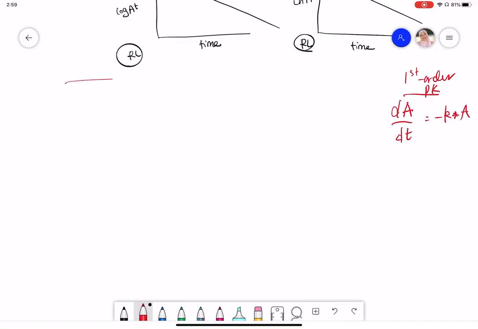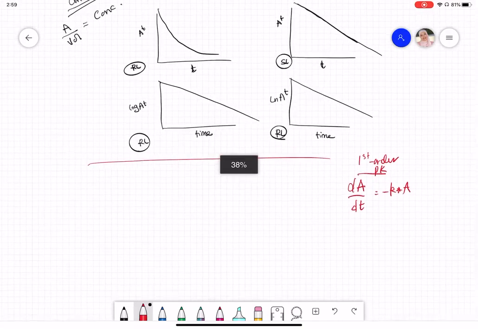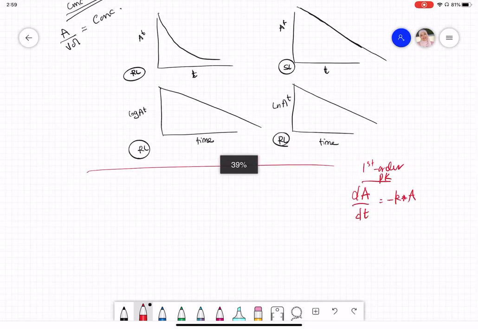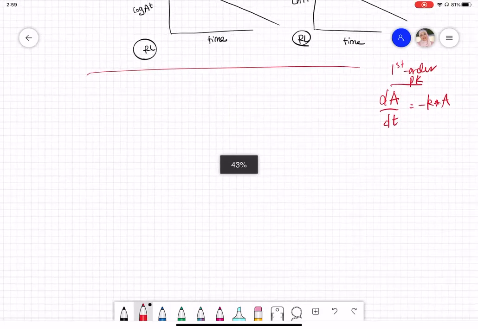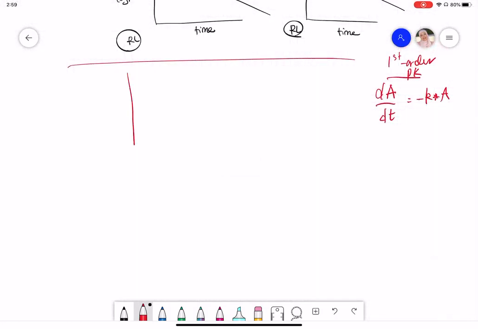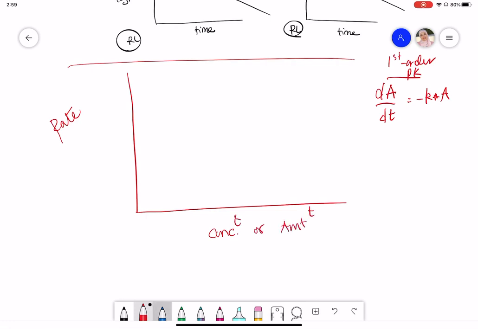If I want not to draw the amount or concentration versus time, or its log or ln transformation versus time, what if I want to draw the rate of decrease in A versus the concentration of the drug or amount at a certain time? Again, rate versus amount at a certain time, or rate of concentration decrease versus concentration. What would be the relationship?